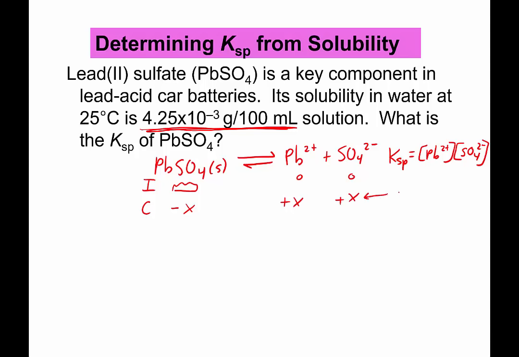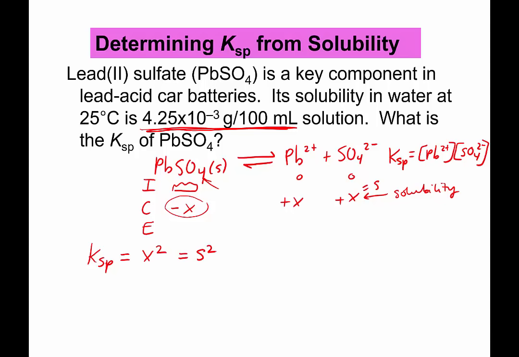This change is our solubility, the number of moles of PbSO4 that are dissolving in water. This X is sometimes called S in books. So for our equilibrium expression, KSP is equal to X squared, or sometimes you'll see S squared, our solubility squared.